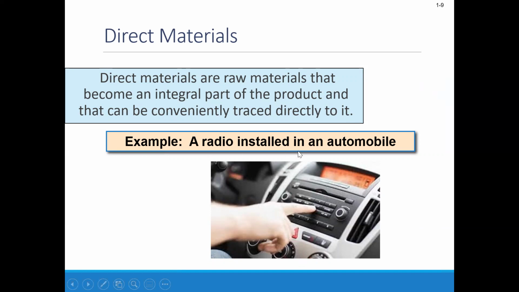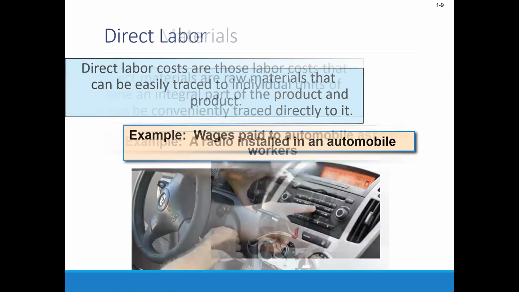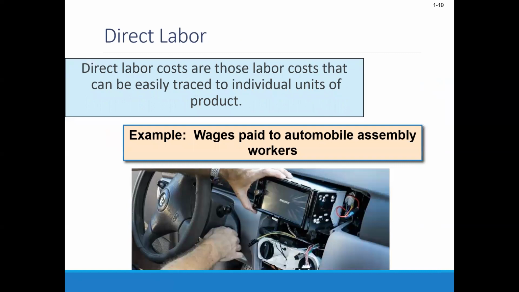So a radio installed in an automobile can easily be traced to the car, a clear product directly associated with it.